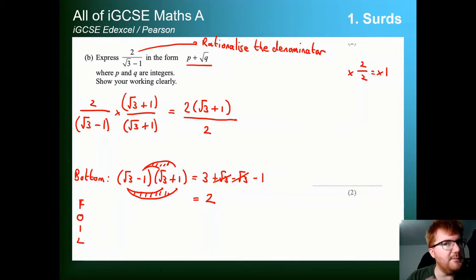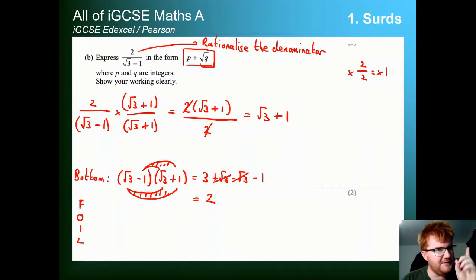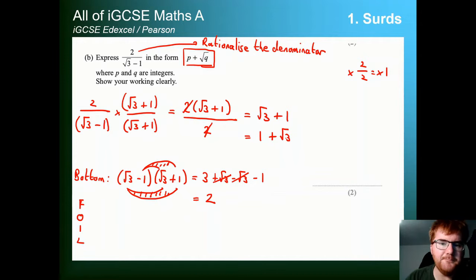Everything involved is multiplication, therefore we are allowed to cancel here, giving us then just root 3 plus 1. Now notice the question wants us to write it the other way round. It's very, very sneaky, so be careful. So they want the integer first, the whole number first, 1. And then the surd afterwards, so root 3. This now allows us to identify that p is equal to 1 and then q is equal to 3.